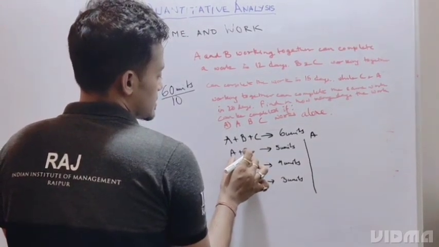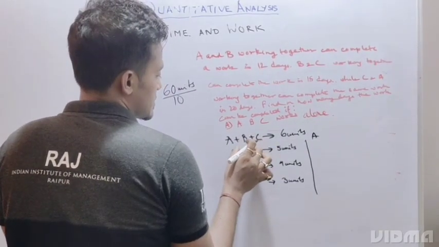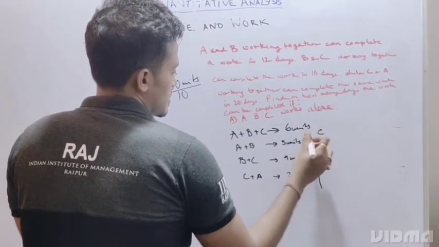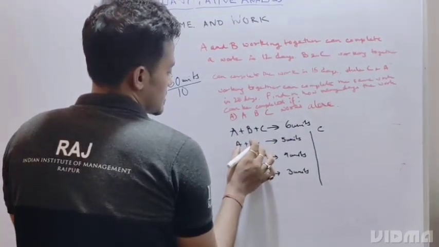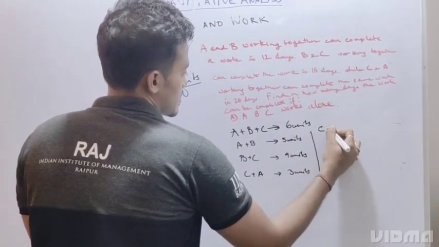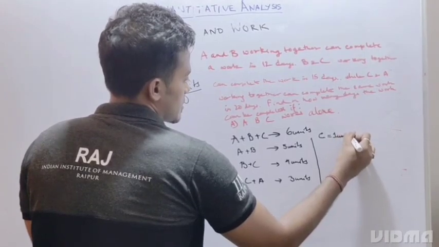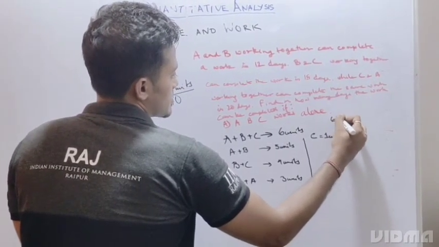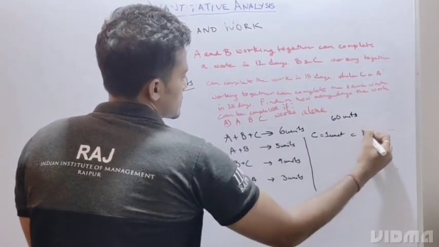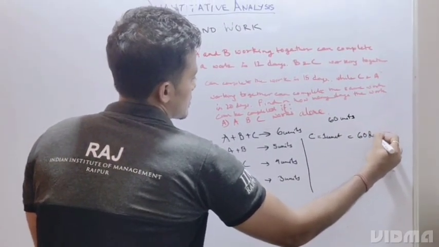ABC minus, let's start with C. ABC minus AB, we get C. 6 minus 5, we get 1 unit, and the total work that needs to be done is 60 units. So C will take 60 days to complete the work.